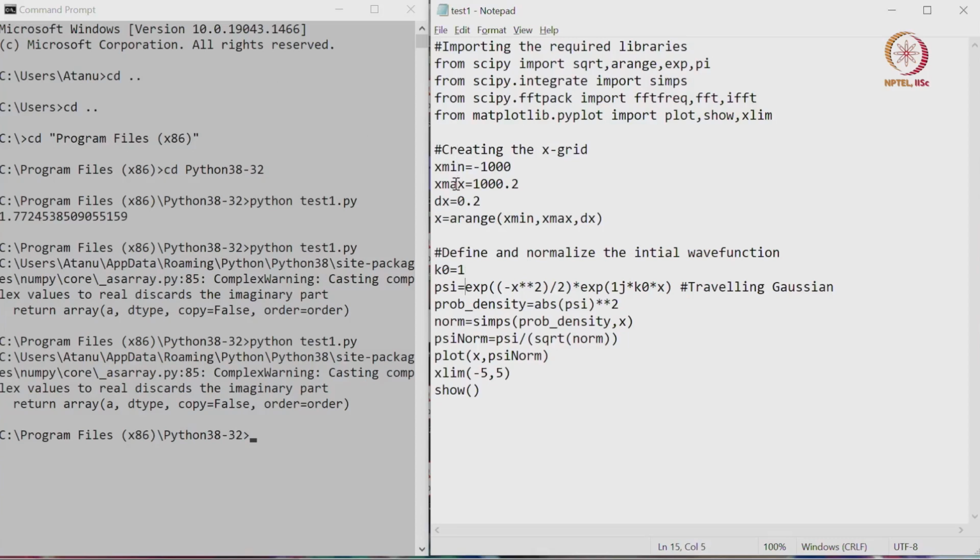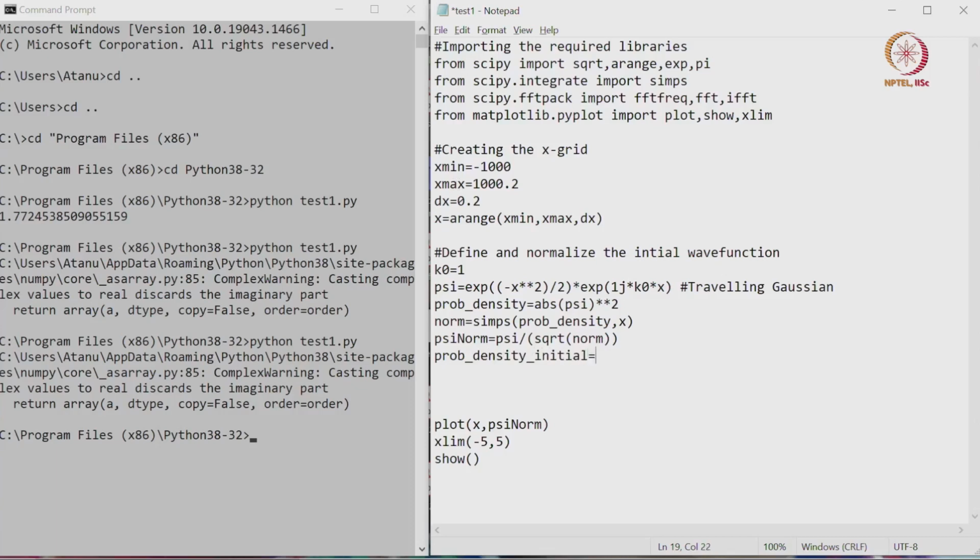And then we have the normalized wave function, and once we have it, we can write down the probability density initial.